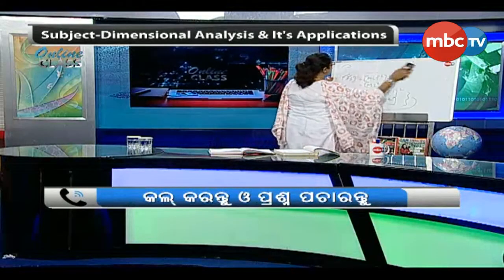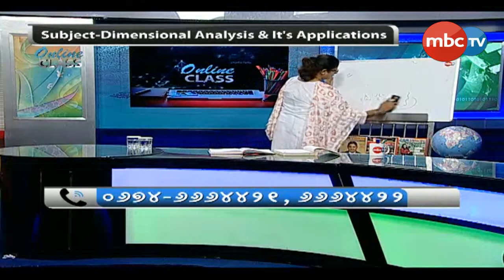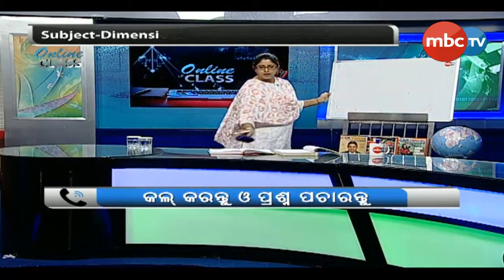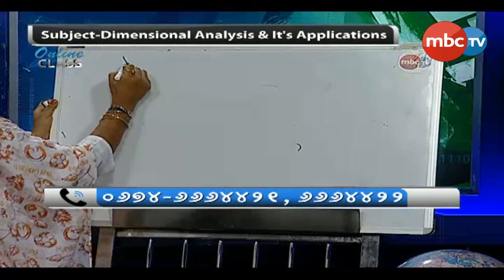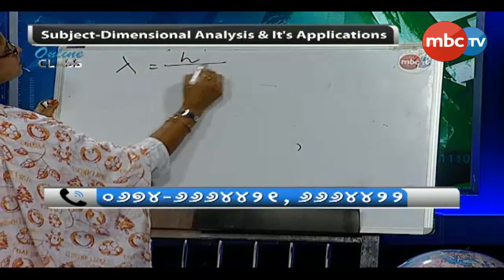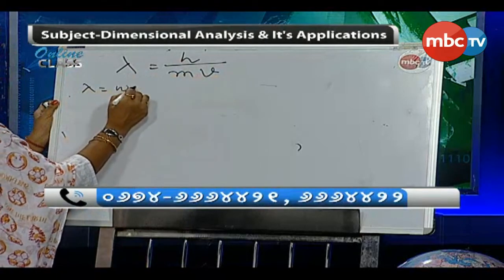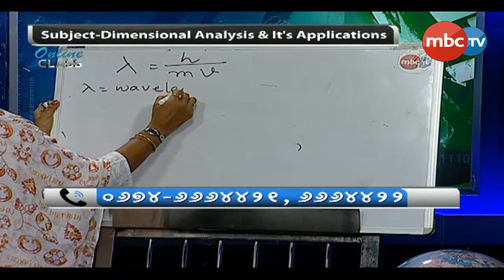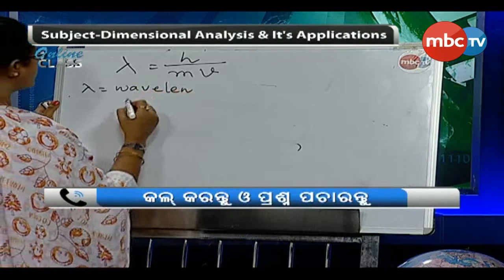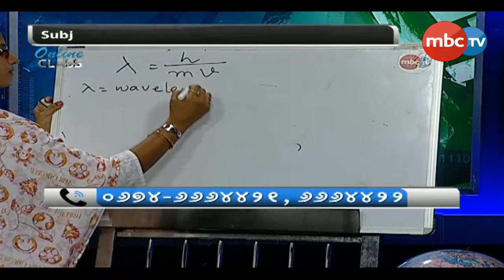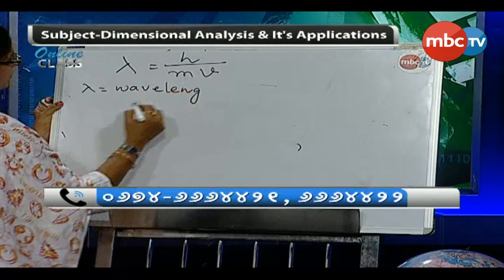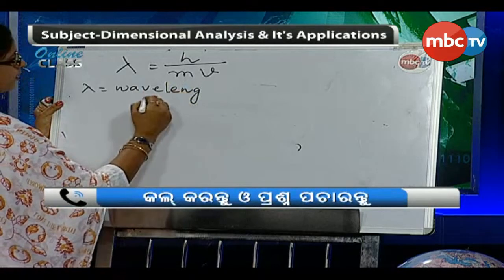Now I will give you another example. Lambda is equal to h upon mv, where lambda is the wavelength.